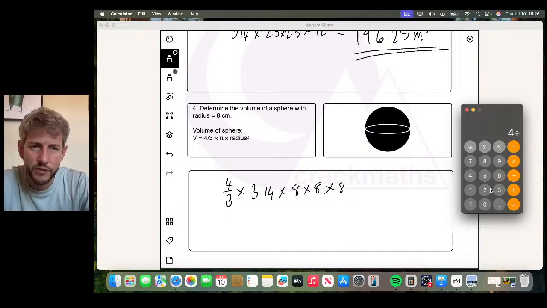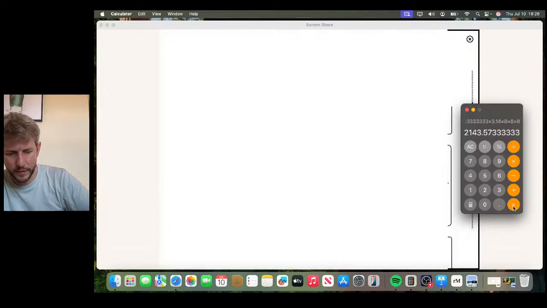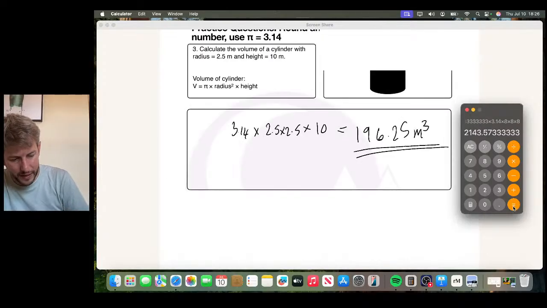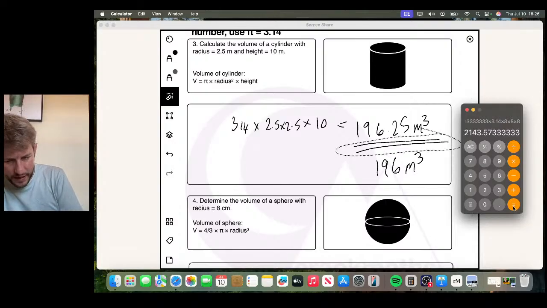Remember, you can do the fraction first. 4 divided by 3, so this is what 4/3 is as a decimal, and then we times that by 3.14 times 8 times 8 times 8. Here we go. So that's going to equal 2143 point. And have we got some direction of how many decimal places? Round answers to the nearest whole number. Oh, I haven't been doing that throughout. So this one would be 196 meters cubed. Okay, so let's get rid of that.